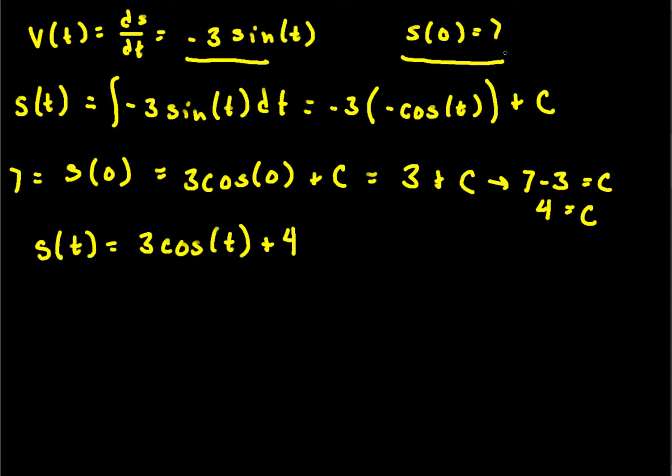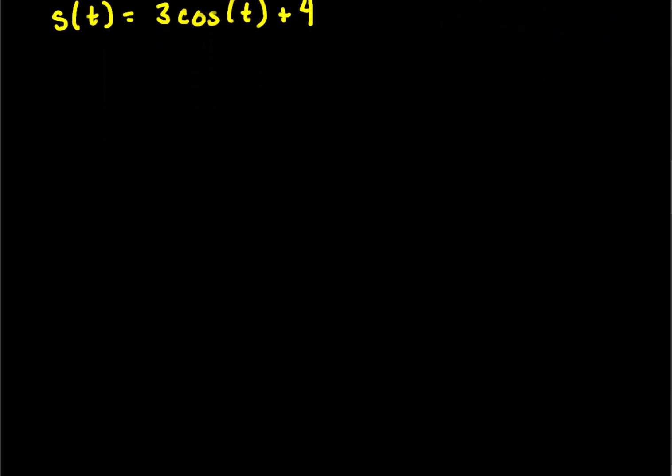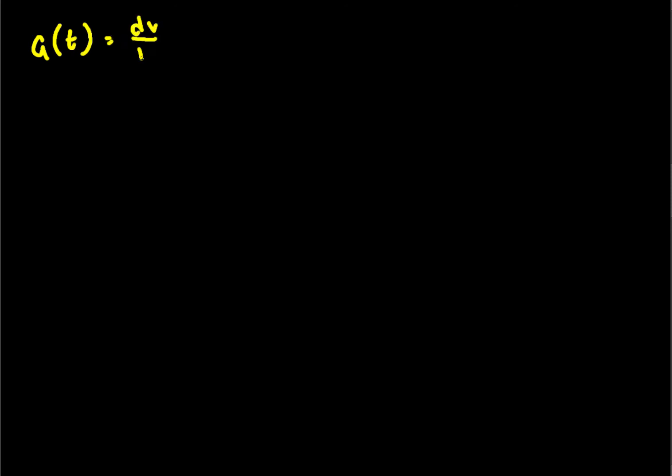Now let's do one that's a little bit more involved. Let's say we're given acceleration. So acceleration, which is the derivative of velocity with respect to t, is given by 1 minus the square root of t.